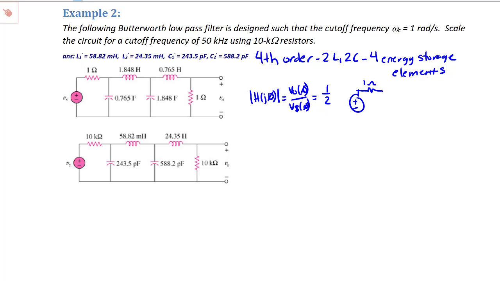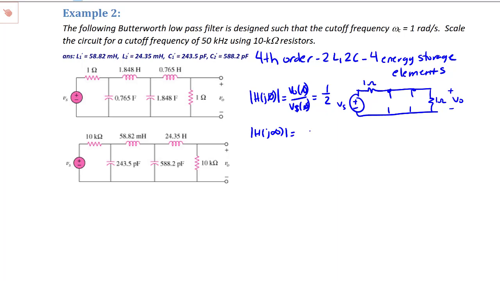Under DC conditions, an inductor looks like a short circuit and a capacitor looks like an open circuit. So when I redraw the circuit under DC conditions, I see that I'm down to the 2 resistors and the source, and if I measure the output across the 1 ohm resistor, then that's going to be a gain of 1/2 using the voltage divider.